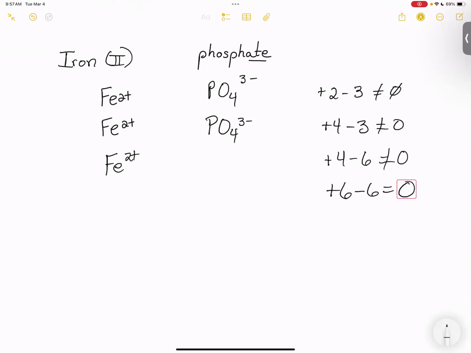And therefore, 3 iron 2s combine with 2 PO4s to make the compound. The number you need to make the compound becomes the subscript. Now, when you need more than one polyatomic, you place the polyatomic ion in parentheses with the quantity needed outside the parentheses. What this literally is saying is that you need 2 units of PO4.